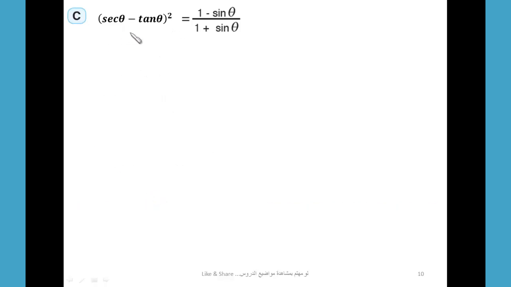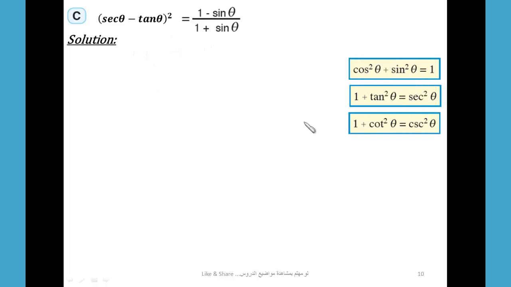C. (sec theta minus tan theta) all square equals (1 minus sine theta) over (1 plus sine theta). This is the required to prove: left hand side equals right hand side. Solution. Again, we'll use these equations.